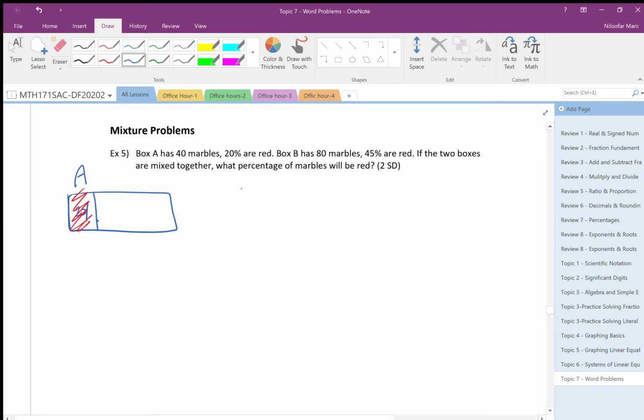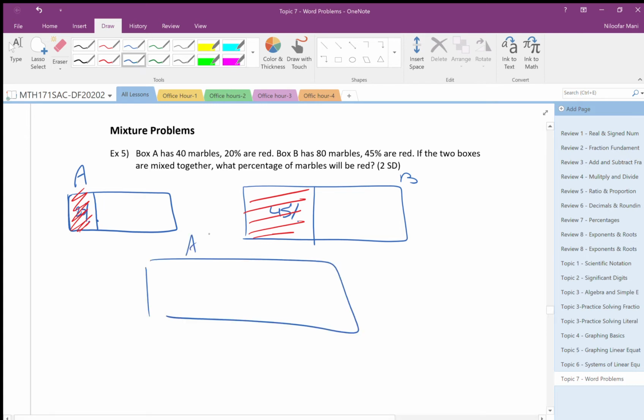And then I have also box B, for example. So 45% are red. Now I mix them, A and B together. And I want to know what is the percentage of red.